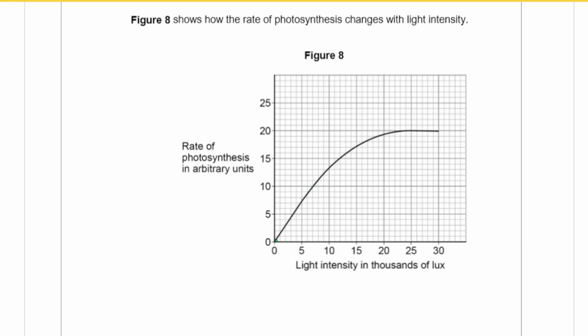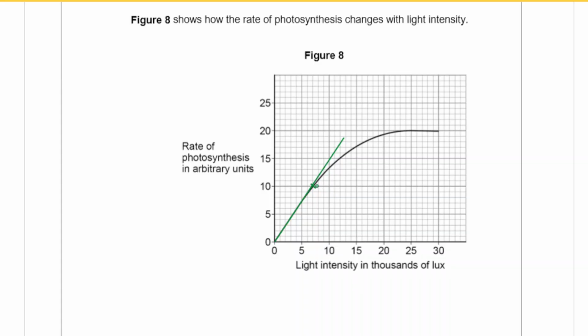So if I attempt to draw a straight line, does it become straight? No. Let me redraw it so you can see that it's actually a straight line up to about 7.